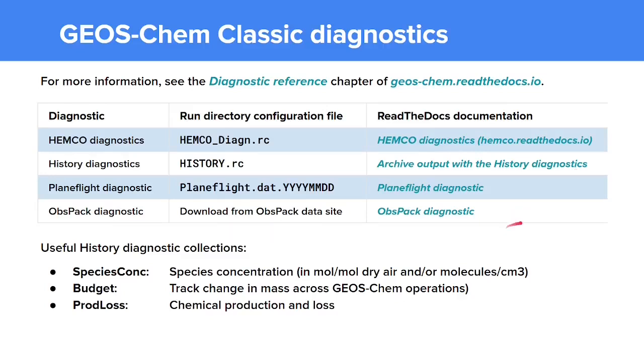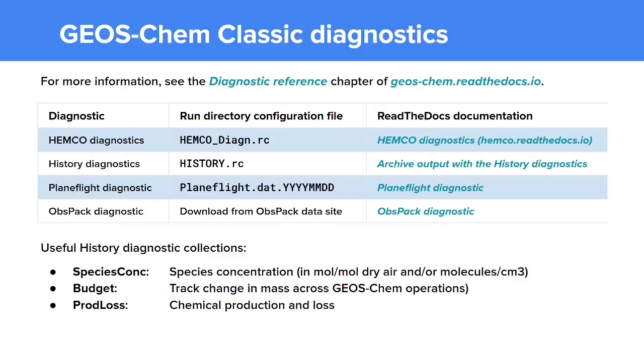There are two specialty diagnostics. The plane flight diagnostic allows you to follow a plane, such as from an aircraft campaign. You can give it a list of coordinates that the plane flew in latitude, longitude, and pressure. It will save out GEOS-Chem concentrations or other diagnostic quantities along that flight track.